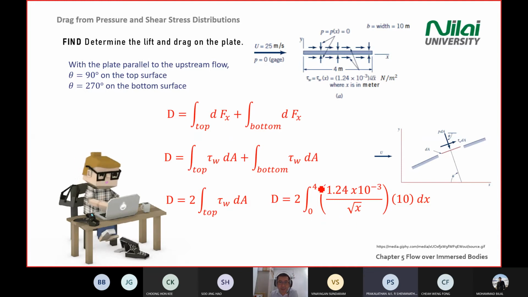Yes, 0 to 4 is your dx, your x direction. So you integrate from here to here, the length of the plate. Because the integration always follows the diagram, you look at the diagram. So what is your x direction? It's this one.